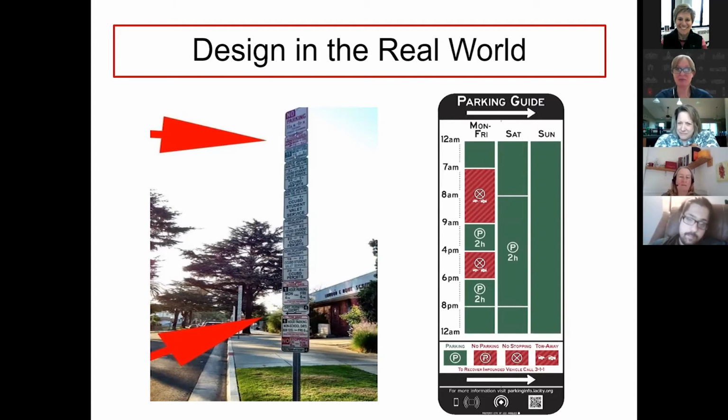So she is working on patterns now to show similar information. But you can see here how thoughtful, good design can really help people follow rules, guidelines, and laws. It's much easier to see whether or not you can park at 10 a.m. on a Thursday on something like this.